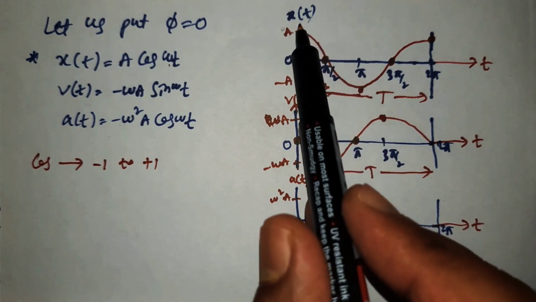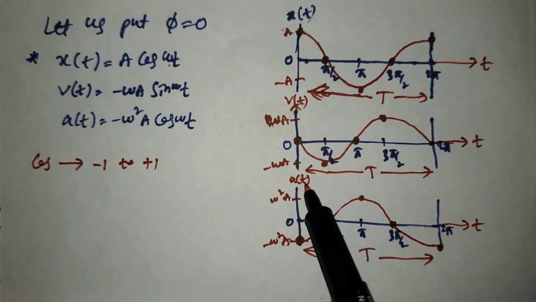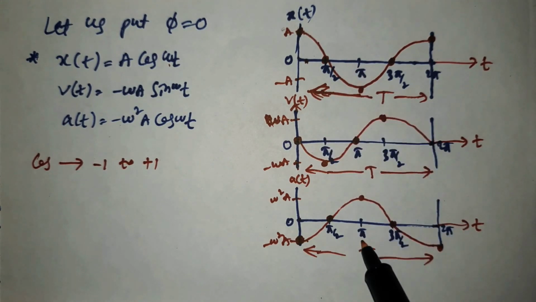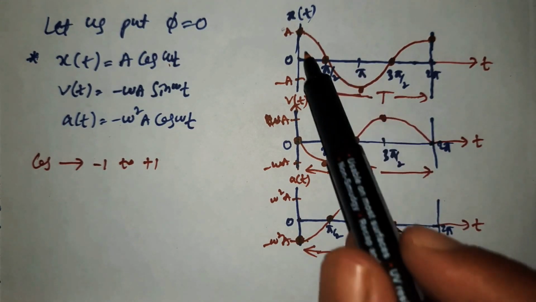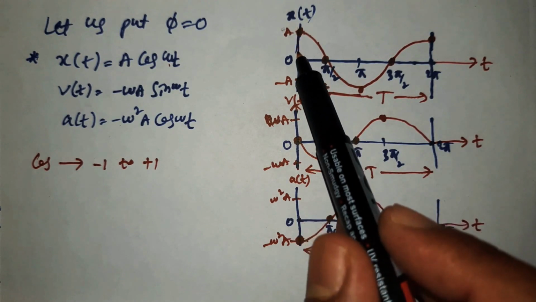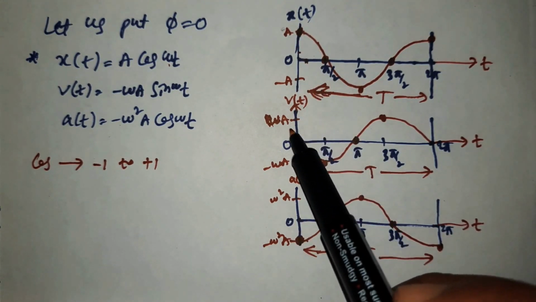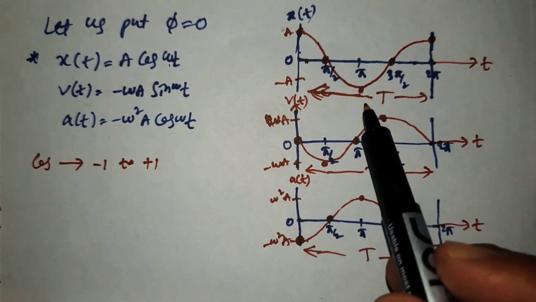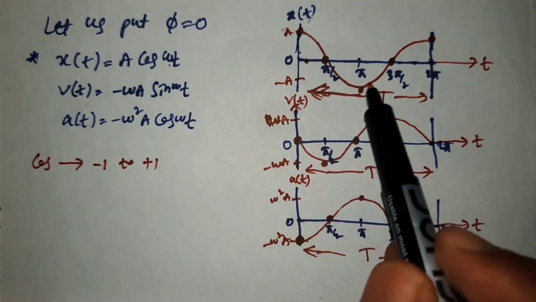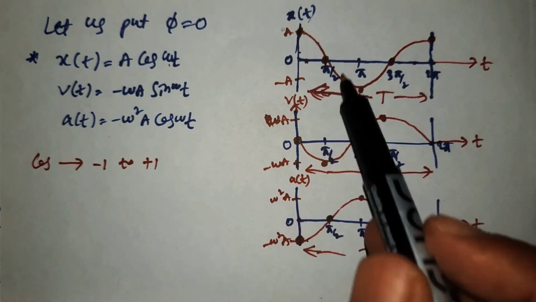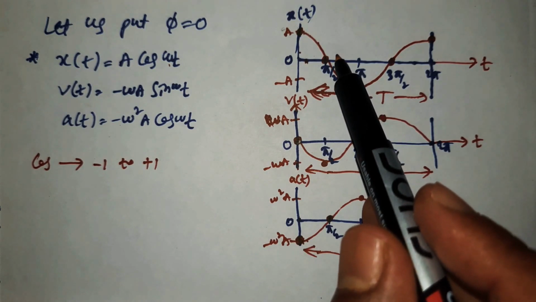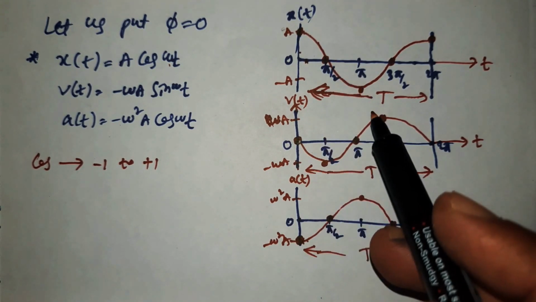Here x of t, v of t, a of t have same time period but different amplitude. And also different in phase. So here it starts from here, here it starts from here, here it starts from here. So these three curves have different phase.